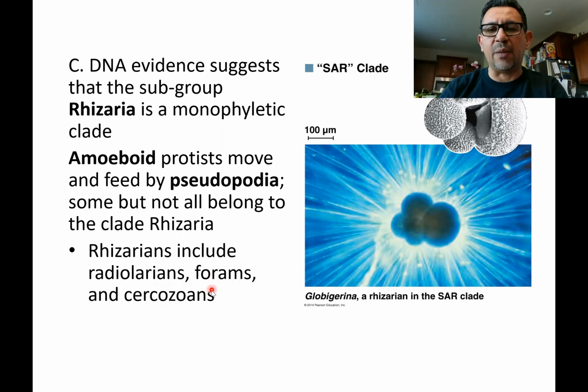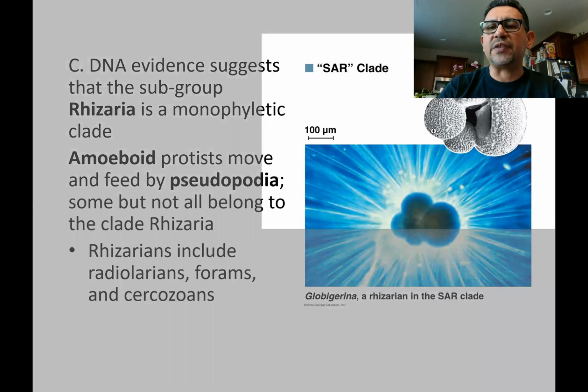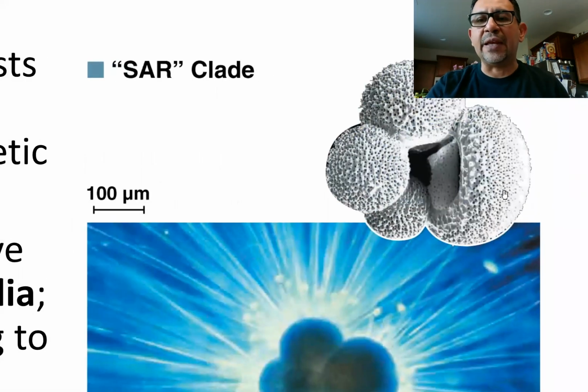Let's focus for a moment on the Radiolarians and the Foraminiferans. By the way, I wanted to use this illustration because it's enlarged enough that we can see one of these examples of Rhizarians. This here is a type of foraminiferan. What we see here is a protective structure for the cell.